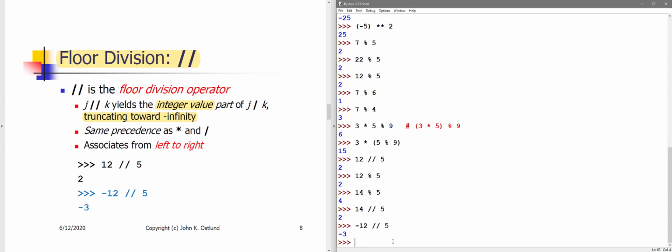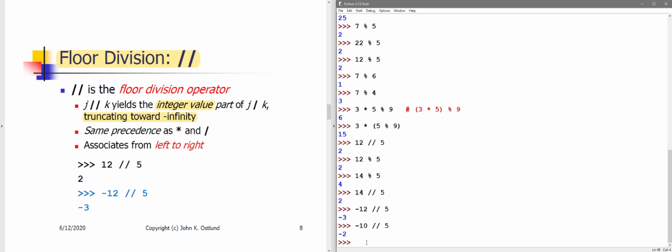All right, so how can I think about this? This is kind of strange. Well, minus 10 floor divide by 5 would be minus 2. There's no fraction part resulting from that. Minus 11 floor divide by 5, that's a little lower than minus 2, because it's 1/5 below minus 2, and so that gets pushed all the way down to minus 3.